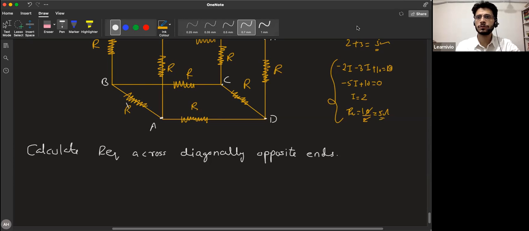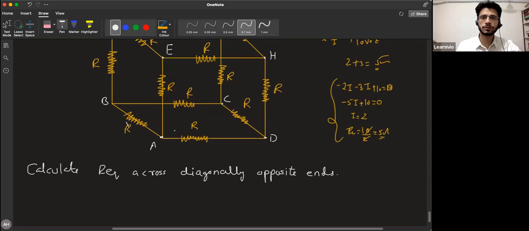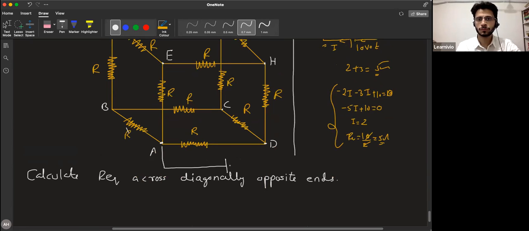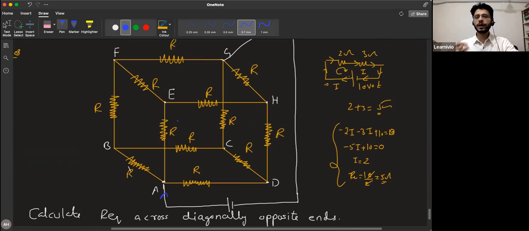So these are the diagonally opposite ends, these two. So this is current I. If you look at this circuit, you won't find any resistor in series or in parallel. There's no series and parallel combination.